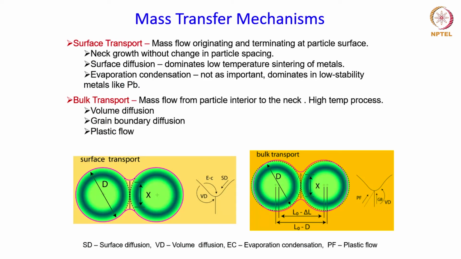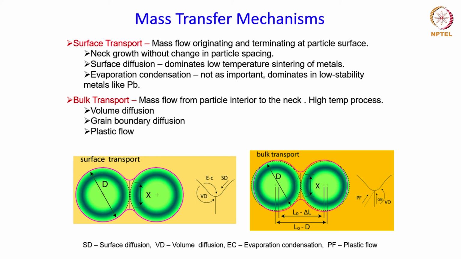Then we talked about the different mass transfer mechanisms. These are basically categorized into surface transport and bulk transport. The surface transport mechanisms are non-densifying. They lead to neck growth and bonding between the particles, but do not really lead to shrinkage. Okay.